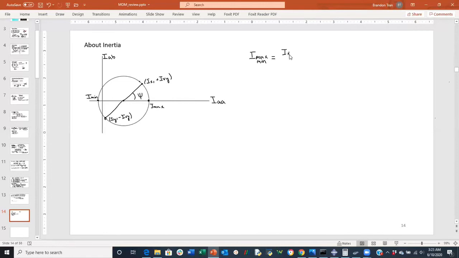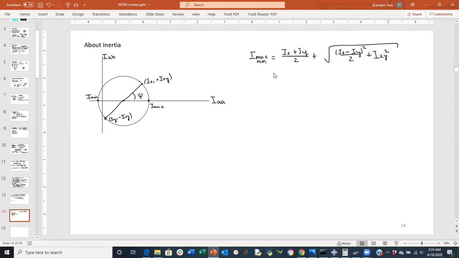So same thing with the Mohr circle for stresses. This is your average inertia. And this right here is the radius of the inertias.